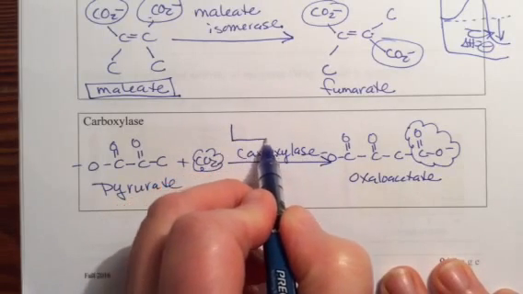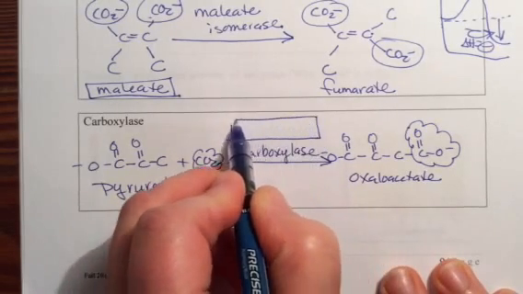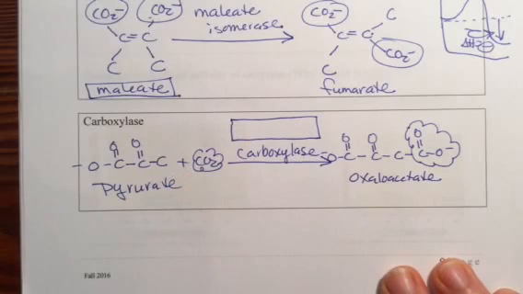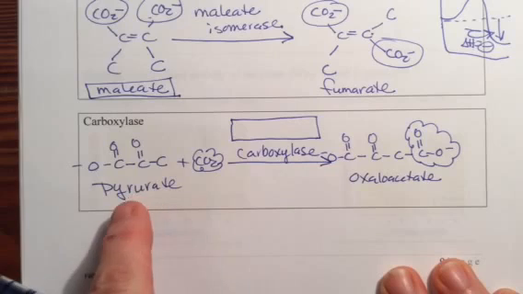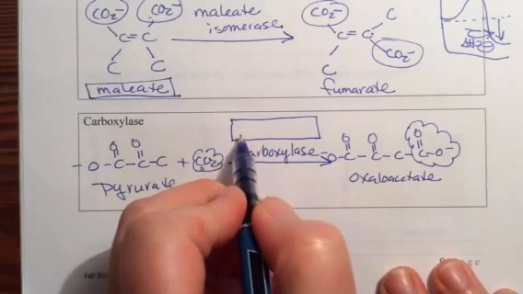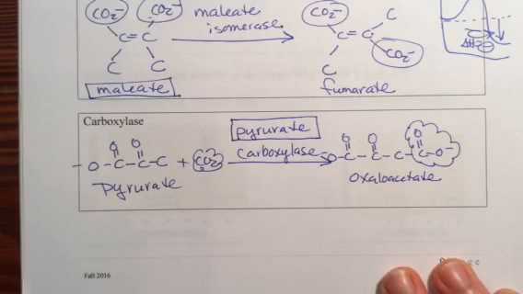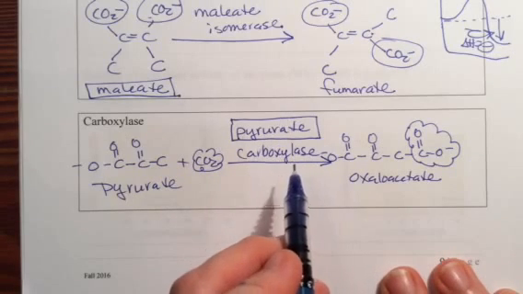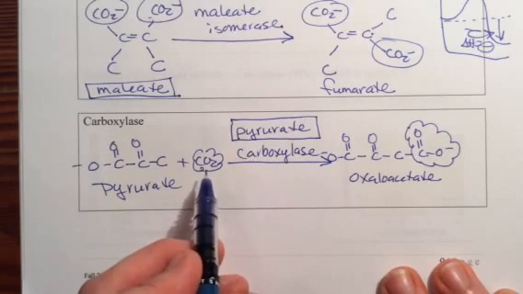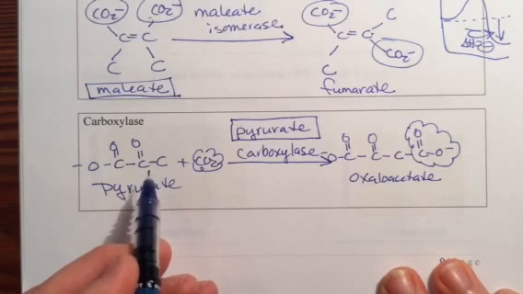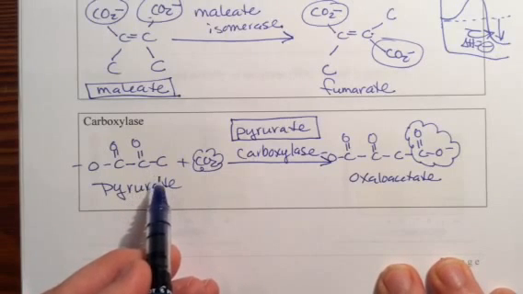And if I asked you what is the name of this enzyme, it wouldn't take too big of a leap of faith to guess that it would be pyruvate carboxylase. And you would be absolutely correct. This is pyruvate carboxylase, is the enzyme needed to add that carbon dioxide to the 3-carbon pyruvate.